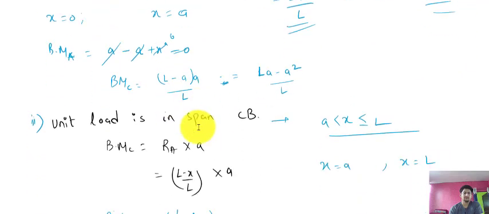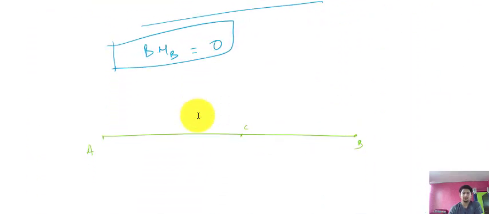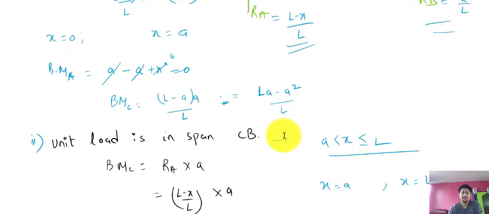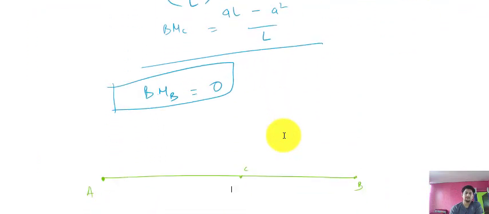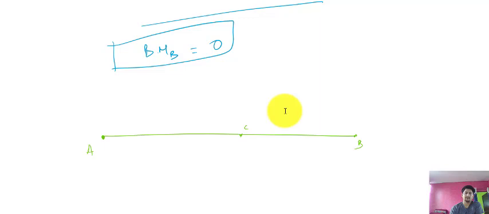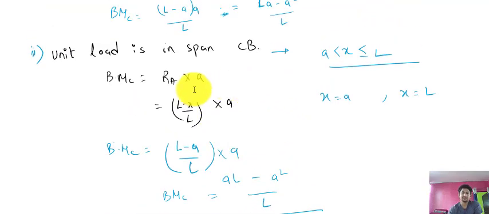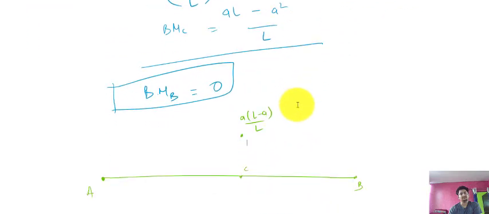At C, when the unit load is in span AC, we got the value (LA minus A square) upon L, that is A bracket (L minus A) upon L. Now for the second condition, when the unit load is in span CB, for the bending moment at C we get the similar value, that is A (L minus A) upon L. That means the point is the same, and bending moment at B is 0.